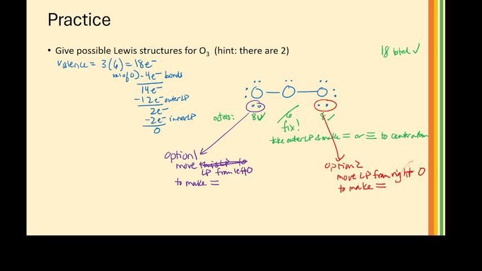So if I were to move this one and make a double bond, I would end up with oxygen. Now, everything else will stay the same. So I'm going to copy the rest of the structure. But now this will be a double bond here. Oops, I'm going to need to clean that up.